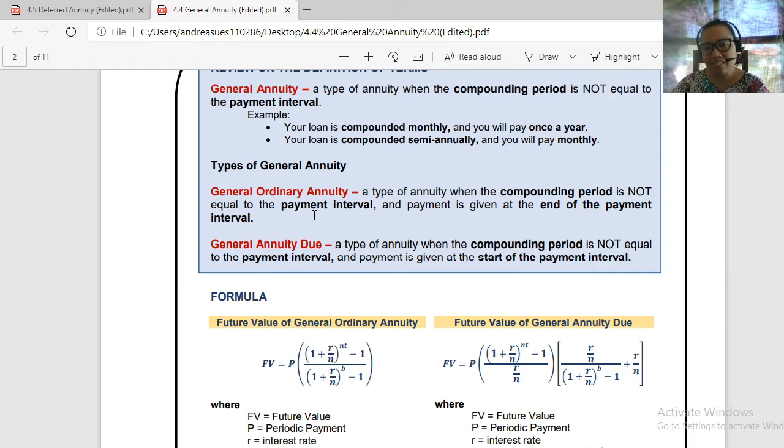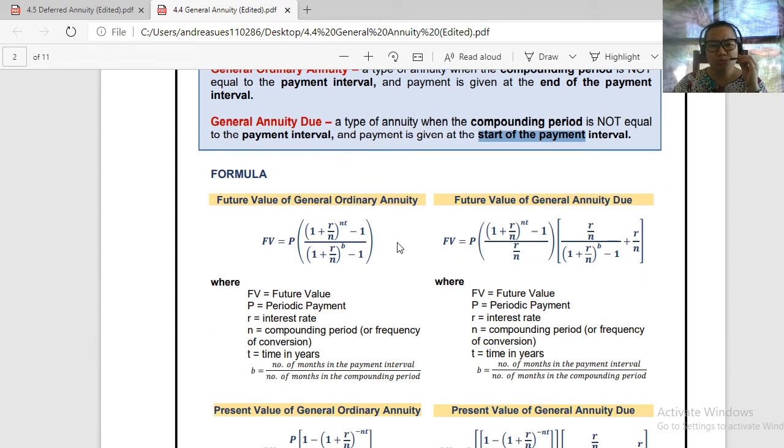So, we can see that the difference is that in general ordinary annuity, the payment is given at the end of the payment interval, and in general annuity due, the payment is given at the start of the payment interval.